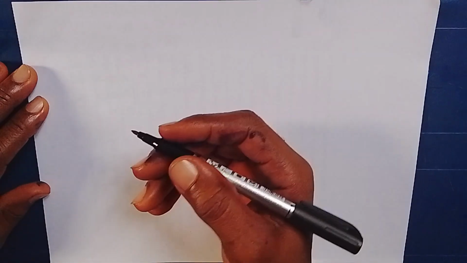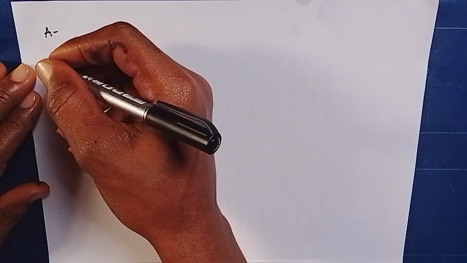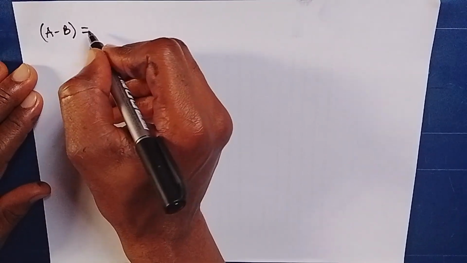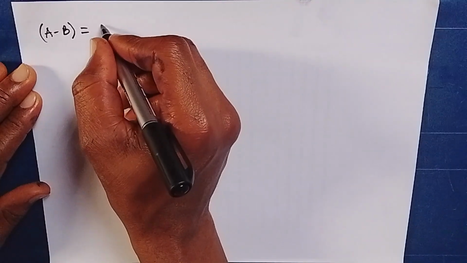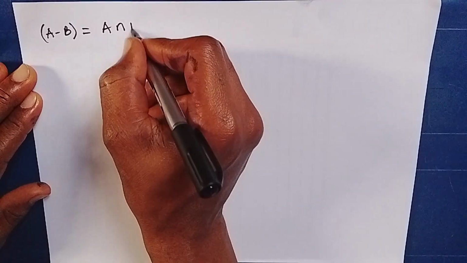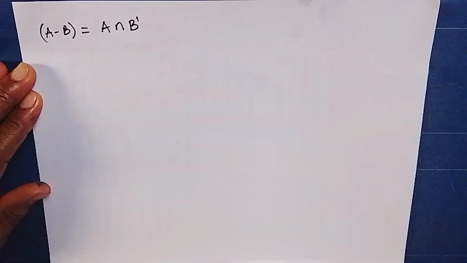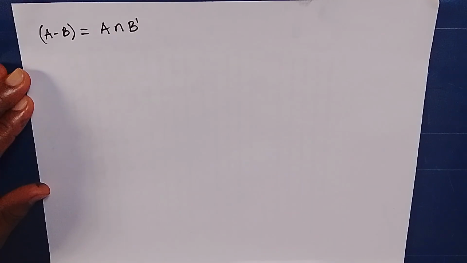Let's try the third example, which is A minus B. We have to prove that A minus B is equal to A intersection complement of B. You want to try this? You could pause here and try this.